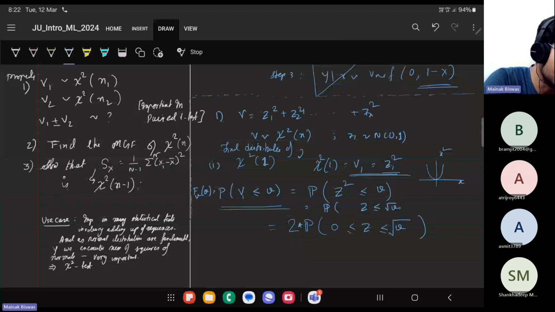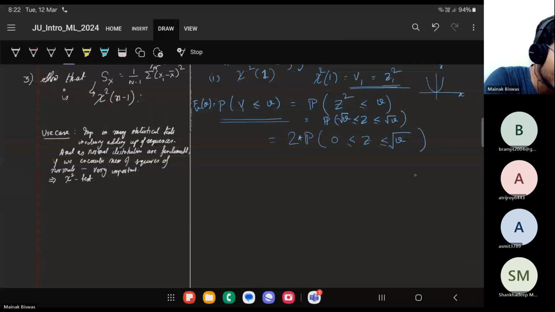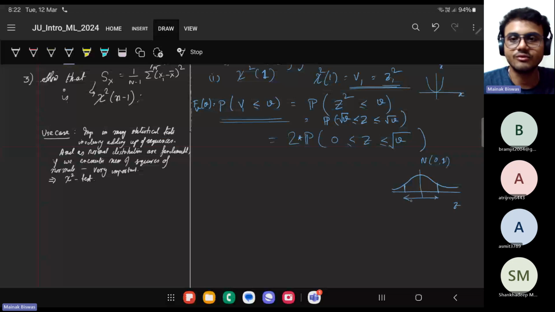So if you recall, the distribution of a normal is like this, right? This is your normal 0, 1, and this is your Z. If Z square has to be less than v, Z can be between minus root v to root v.